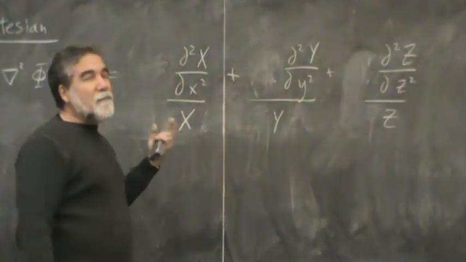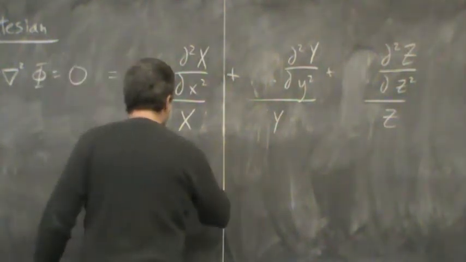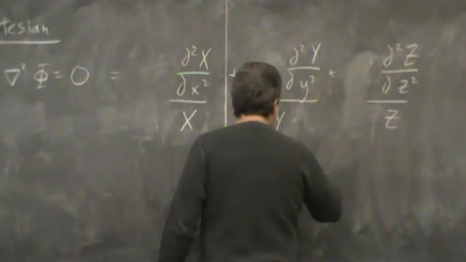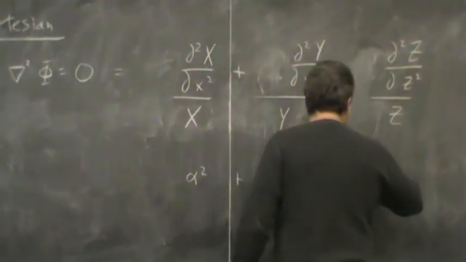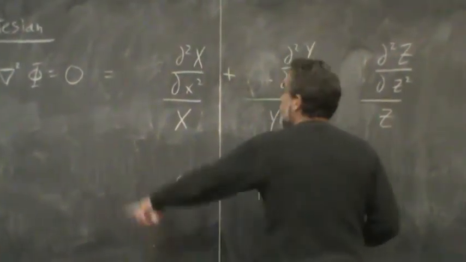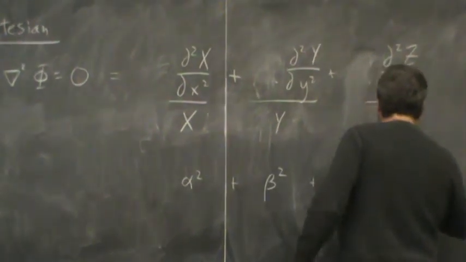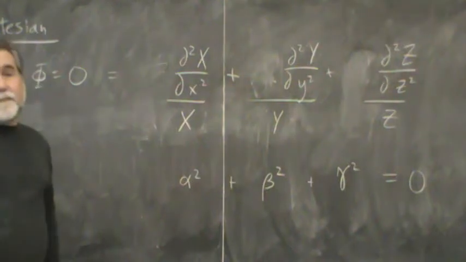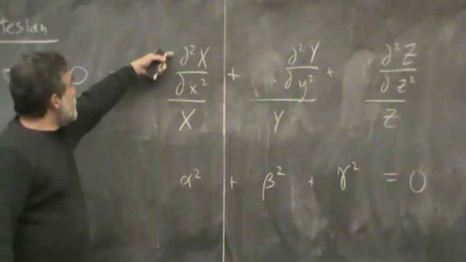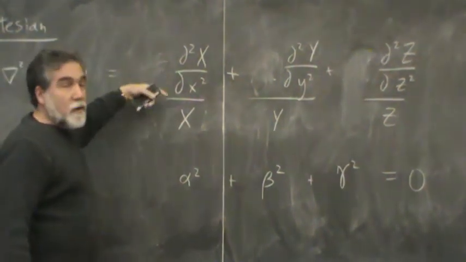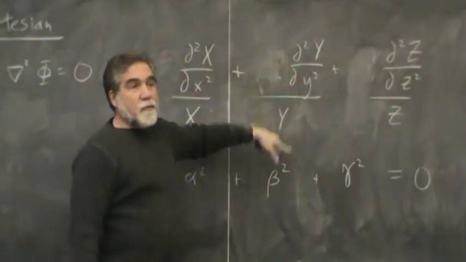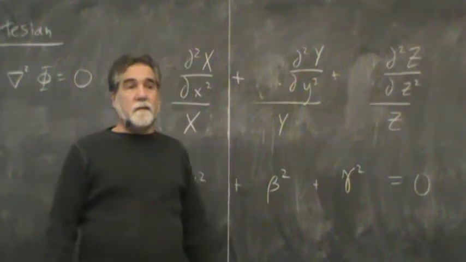And I'm going to write those constants as alpha squared, beta squared, and gamma squared. And that says that the sum of those three constants has got to be equal to 0. All right? So 1 over x d squared x dx squared is alpha squared. Same for y, same for z.